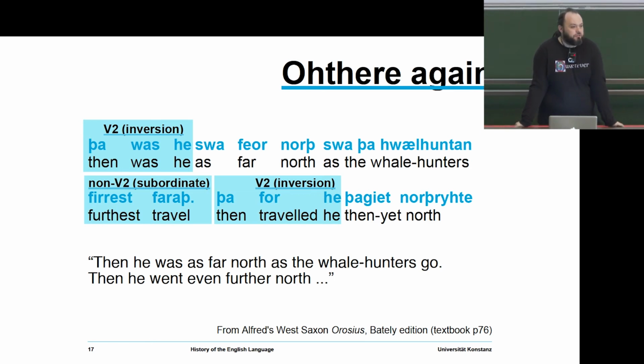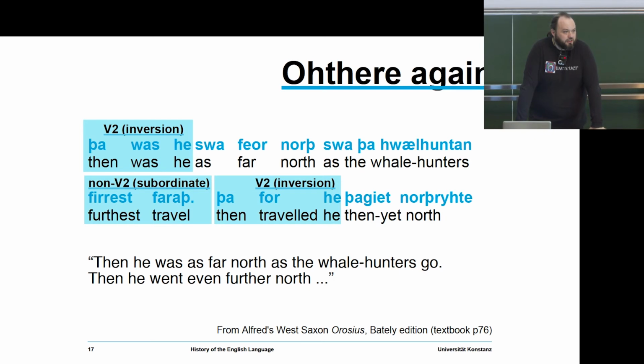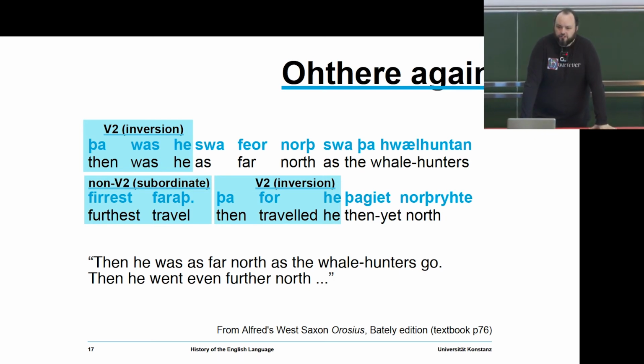The reason that we don't is that tha is special. Tha is an adverb that always occurs with strict verb second. So tha is quite a special adverb in this regard. But we always find verb second with it. And so this is a nice example that shows you verb second in action in an Old English text.